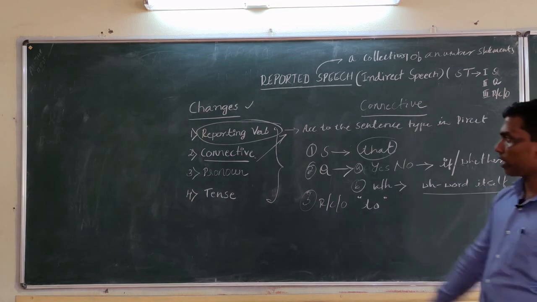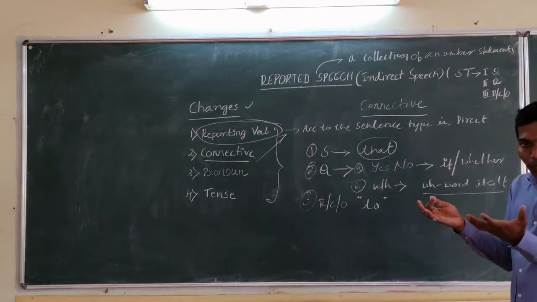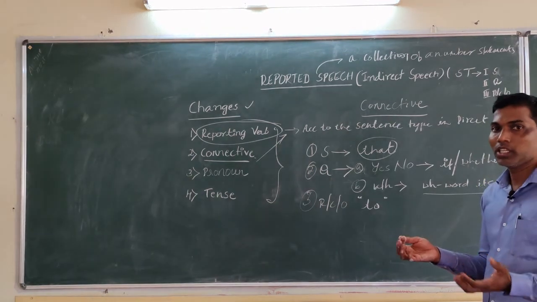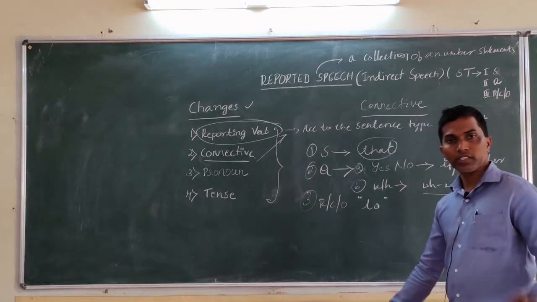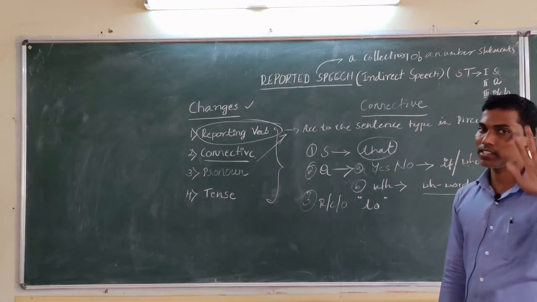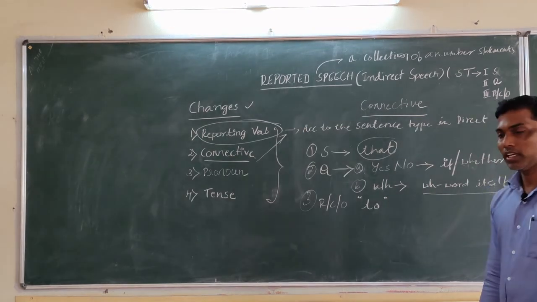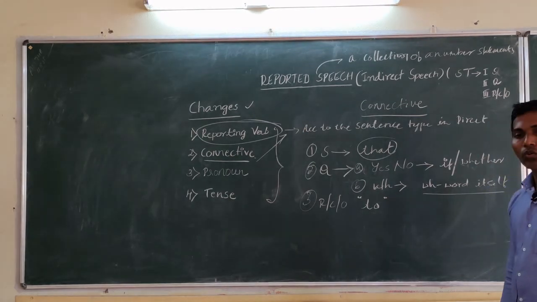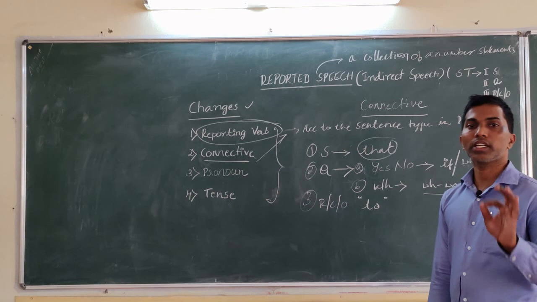We are at connective, and these are the details. Statement, that is the connective. Question, if or whether is the connective. And the last one, RCO, request command order, to is the connective. What is the connective? To is the connective.